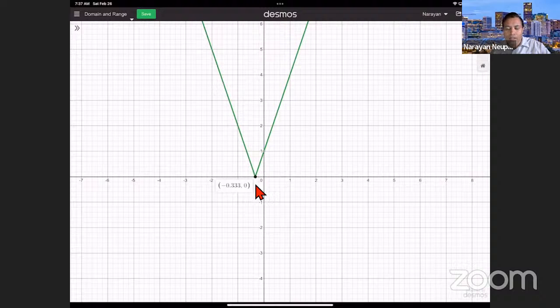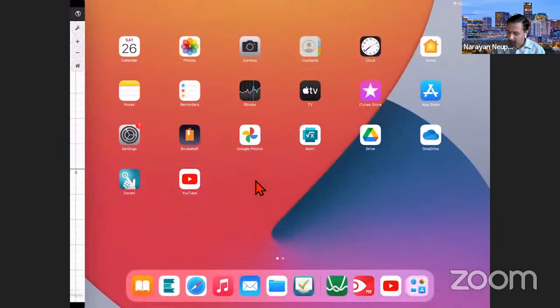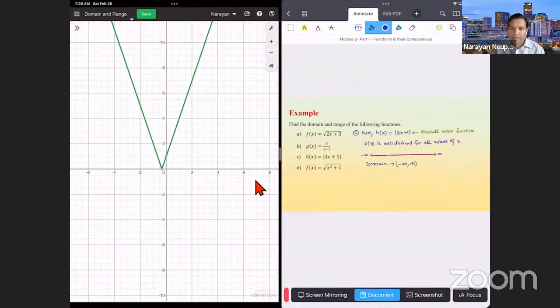That's where the graph starts. That is the vertex of this absolute value function. The absolute value function also has this tip point called the vertex, just like a quadratic function. Okay, finish up your writing before we move on to the next one.